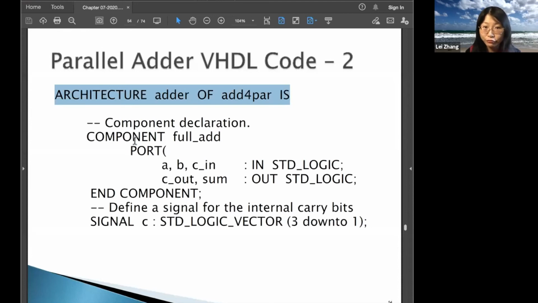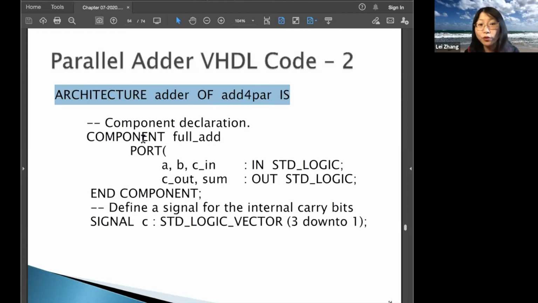So the component simply declares that now we are using this full adder defined in another VHDL file in this top VHDL file. So we are making a declaration here. So we are not redefining this full adder.